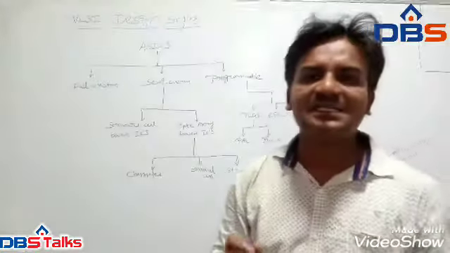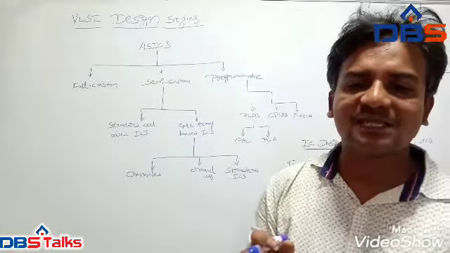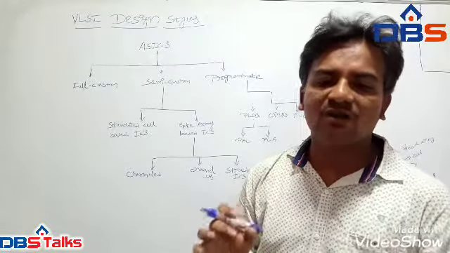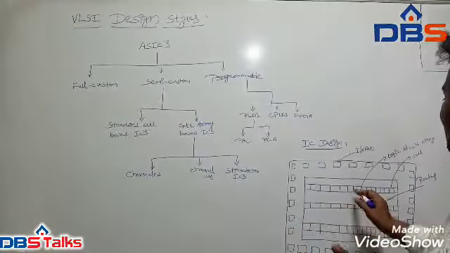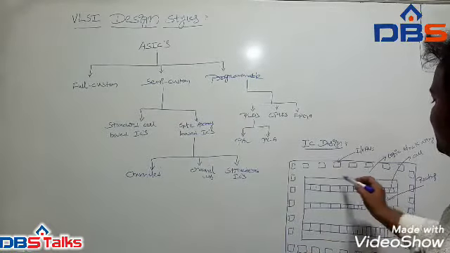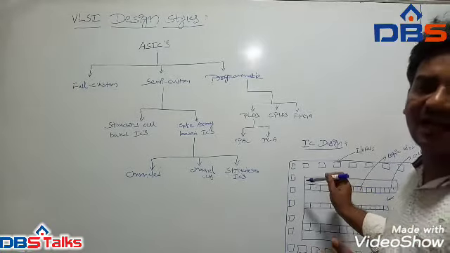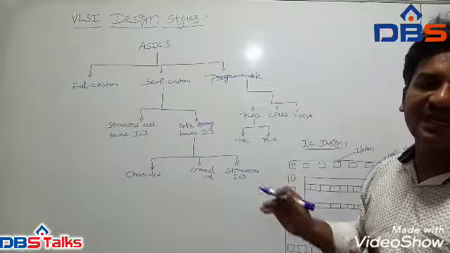So the full custom ICs are nothing but these are designed and processed like standard products with a full set of masks for all fabrication layers. So whatever logic blocks we define here, it will be a full set of masks. Every logic block has a full set of masks and the processing of a standard product.